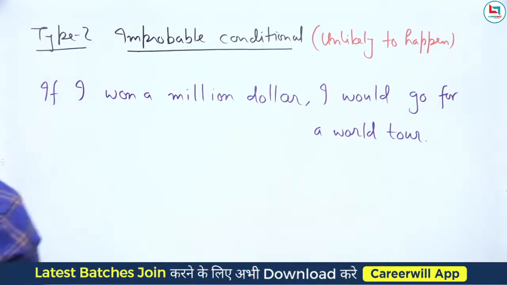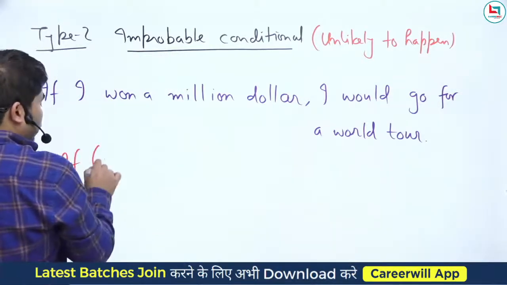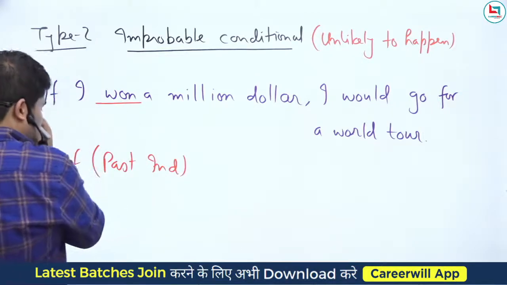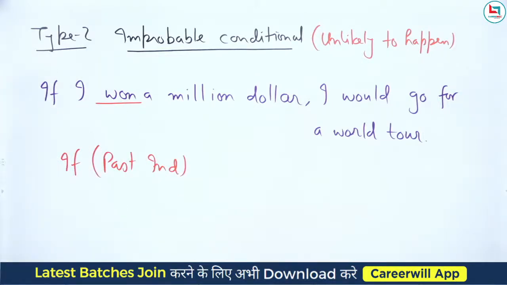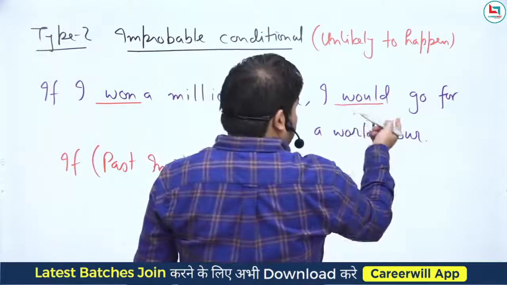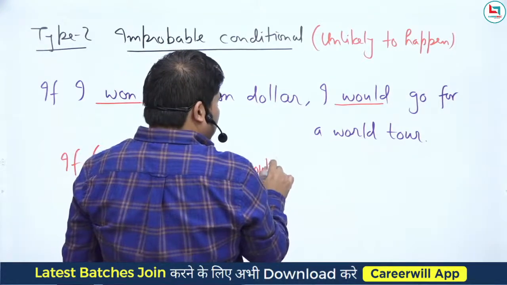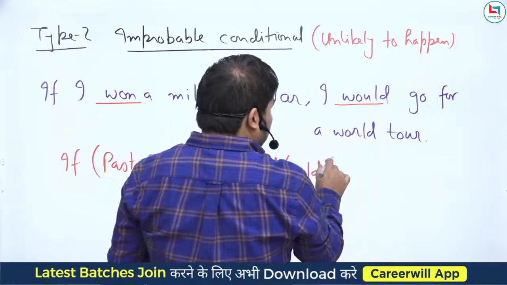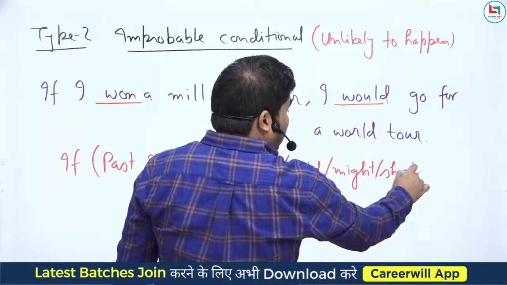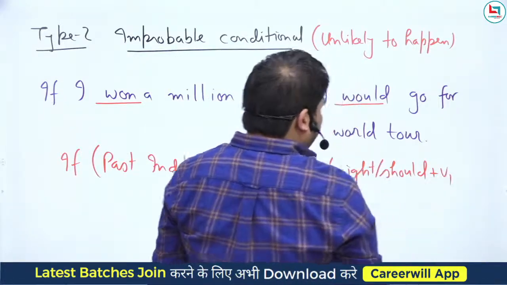And what you see over here, the if clause is written in past indefinite, right? I won. And what is the structure of the main clause? Here the past of will is used, which is would. So here subject plus would, could, might, should will be used as per the requirement, and because they are modals, they will take the first form of the verb.